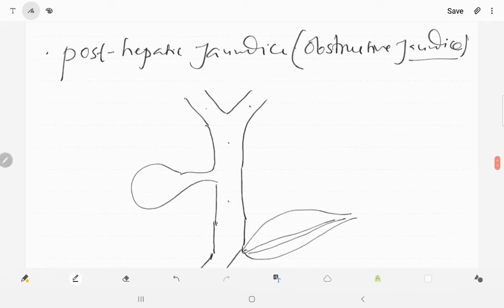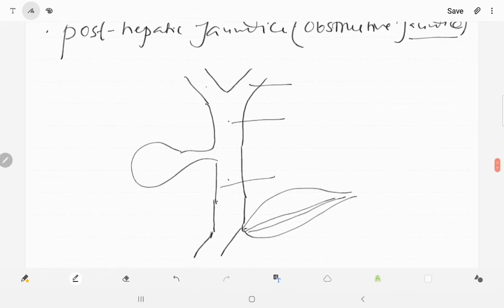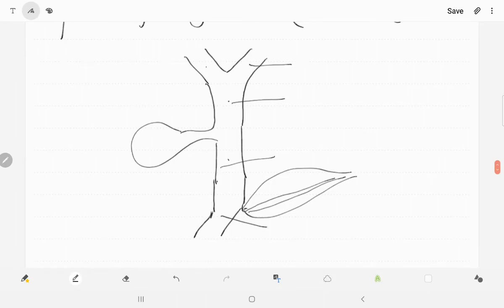It can be either at this level, or this level, or at this level.